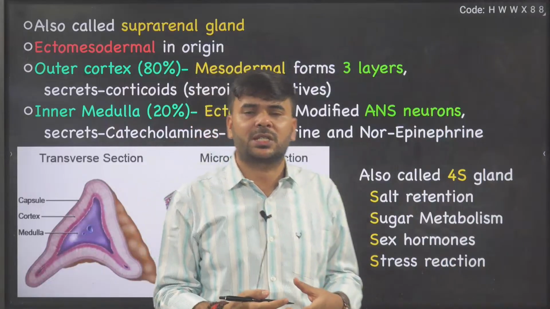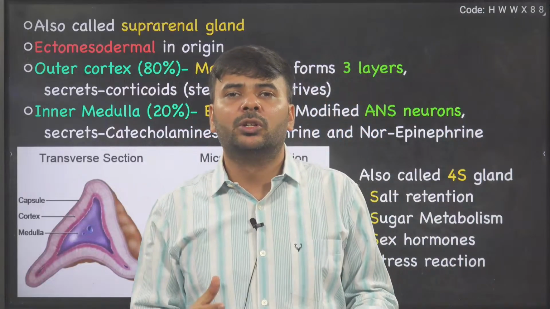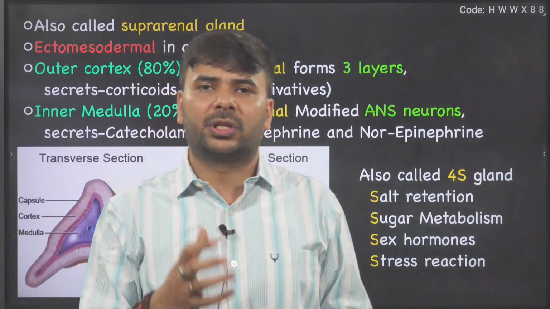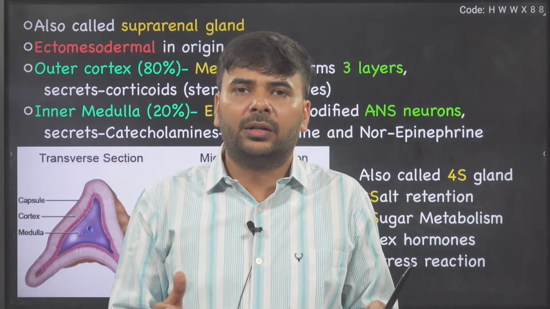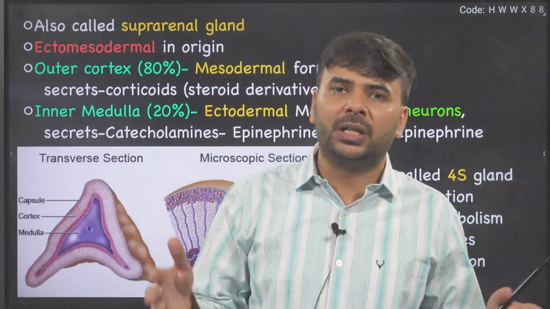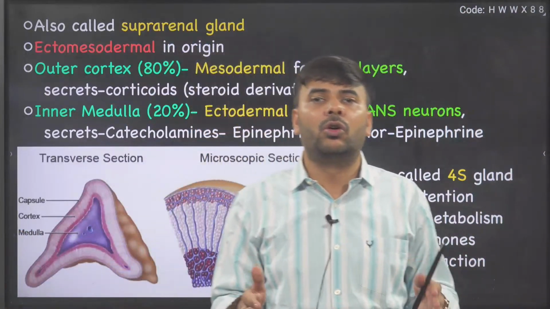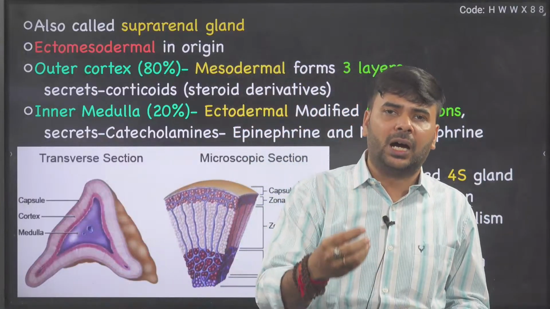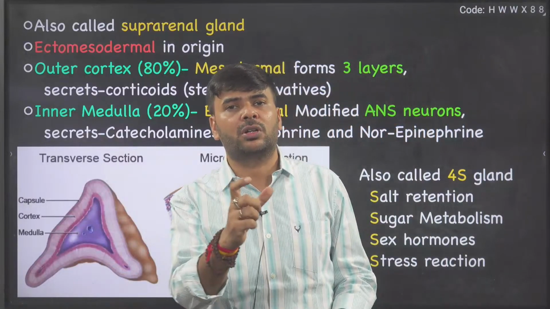Two types of stress are there: long-term stress and short-term stress. When you're writing your class 10th board exam, you are under long-term stress, months of stress, 10 days, 20 days of stress. That is long-term stress. Suppose for 10 minutes or half an hour you are in stress, that is short-term stress.